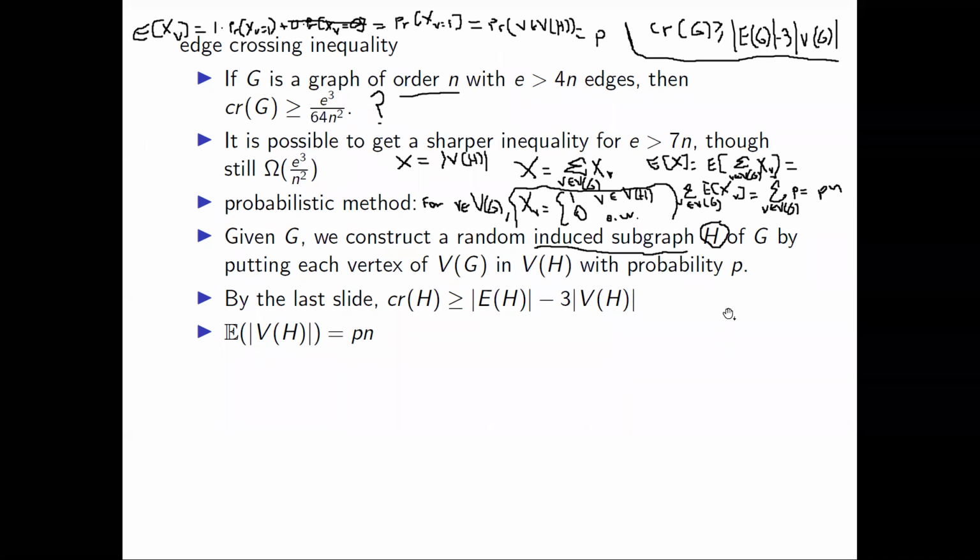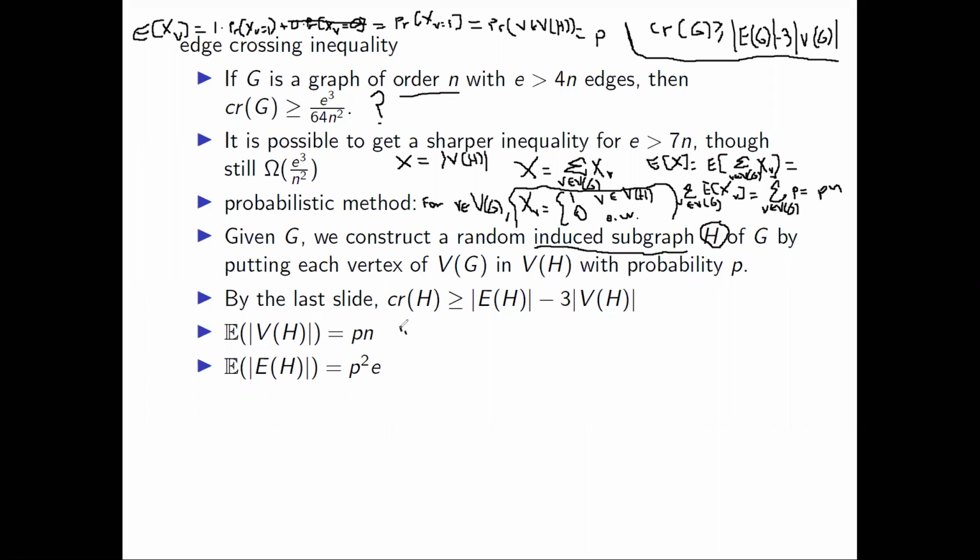And we also can calculate a second expectation, the expectation of the cardinality of E of H, so the edge set of H. And to calculate that expectation, we want to define another random variable.